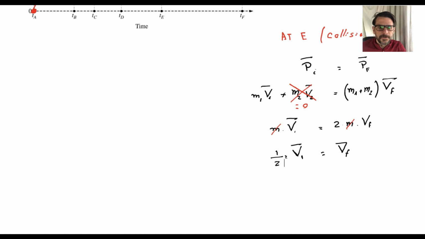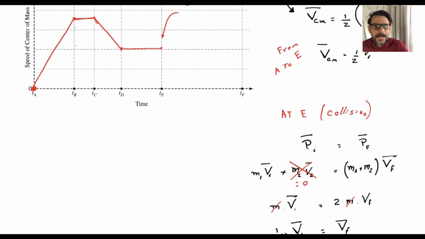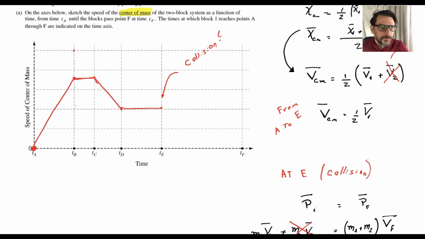Now, this is a crucial piece of information: the velocity of the system is 1/2 of the velocity that object 1 had before the collision. And in the graph that we were sketching, at this point, what is being represented on the vertical axis is the speed of the center of mass, which already is 1/2 of the speed of the first object.